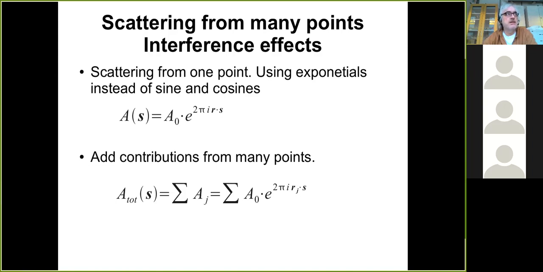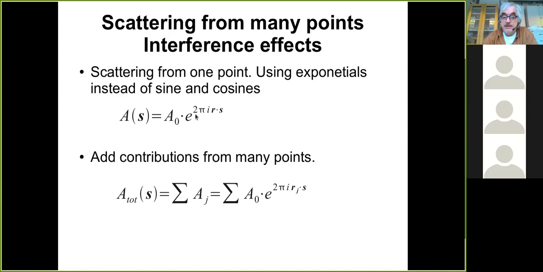A zero vector has perhaps no direction, but any other vector with a length bigger than 0 has a direction also. So r dot s, since this is a real space quantity and s is a reciprocal space quantity, will be just a real number. A real number times the imaginary unit, and e to the i, this number, multiplied by 2 pi.